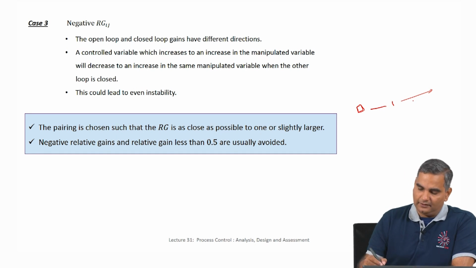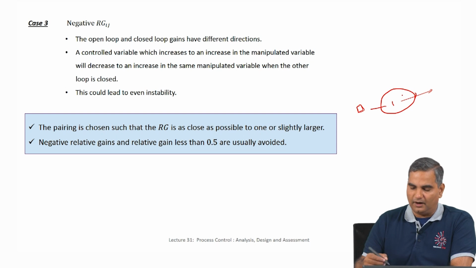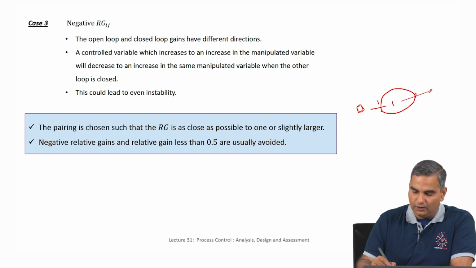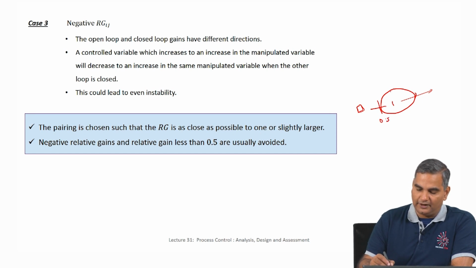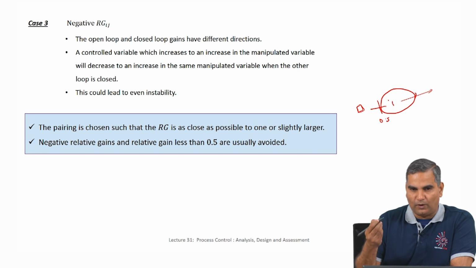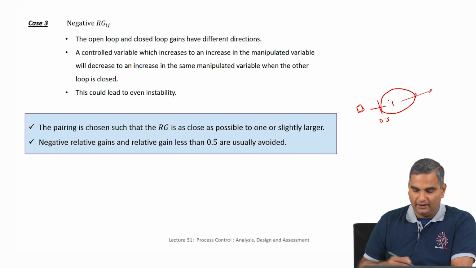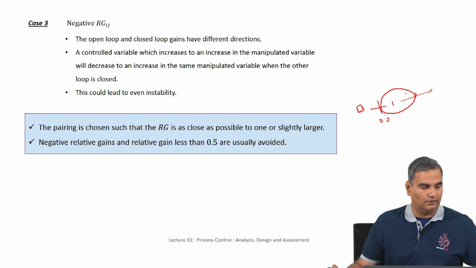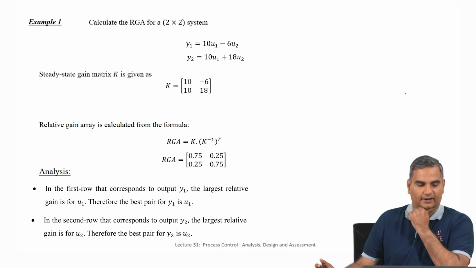So, the best is to go with something around 1 or larger, okay. Smaller is a bigger problem. So, anything below 0.5 you avoid, and then you try to choose things which are close to 1. 1 is ideal, you might not get that, or slightly larger than 1 is also okay. So, this is the general rule of thumb for relative gain array, right.